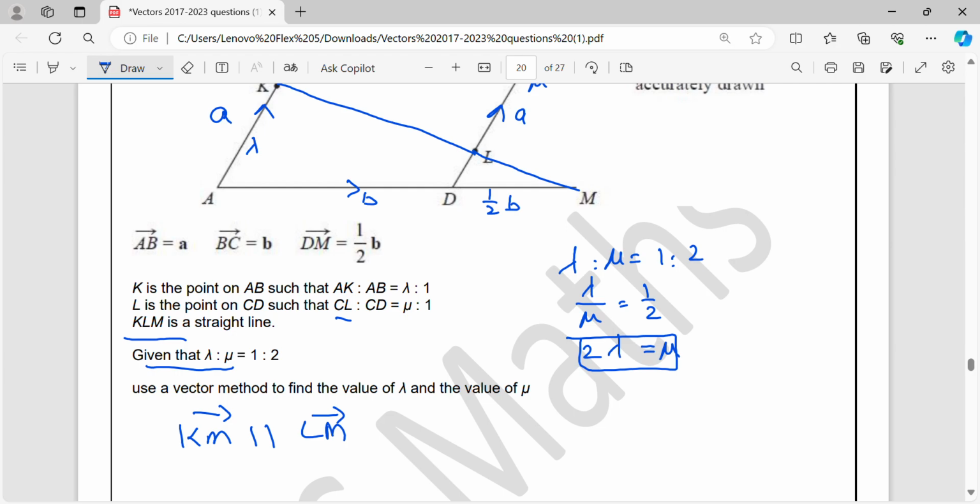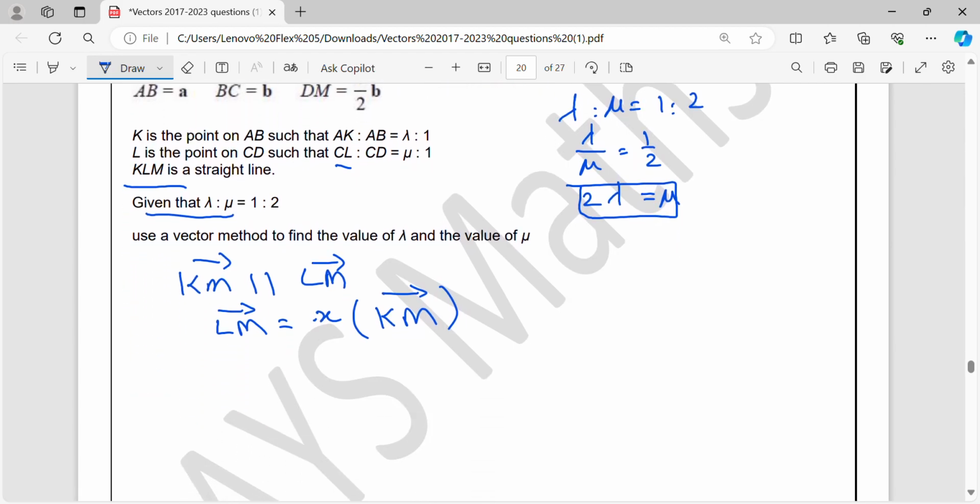Two lines are parallel when they start from the same point and end at the same point. So I can write LM equals the fraction x of the total length, and the total length is KM.